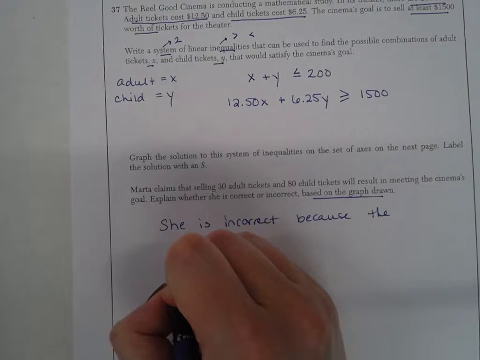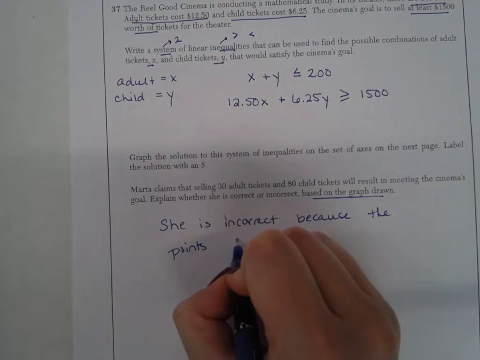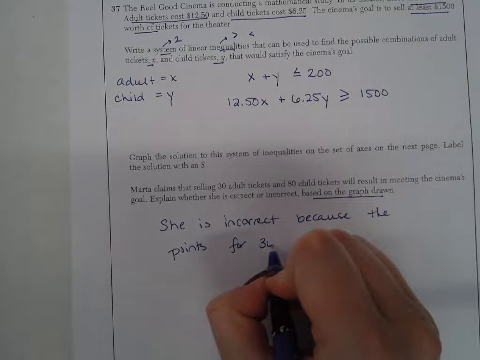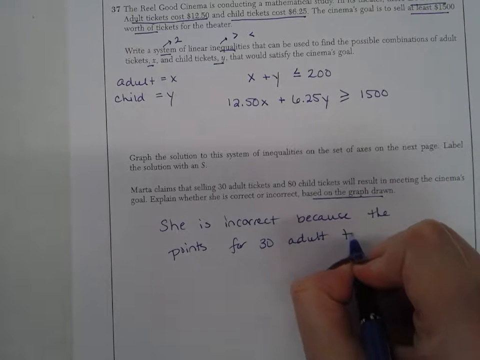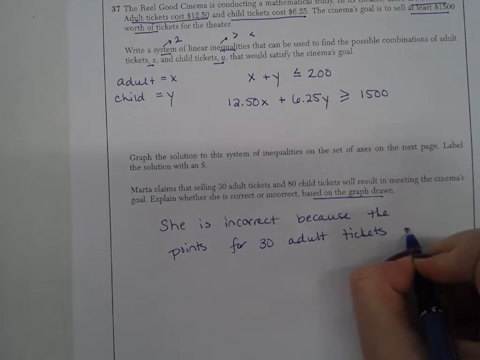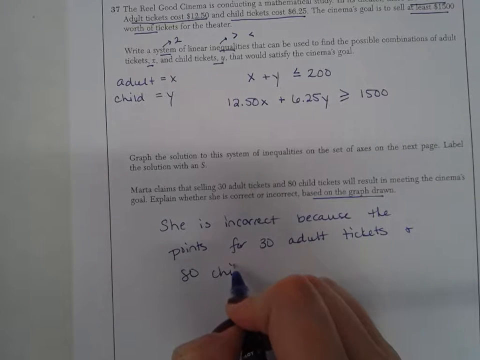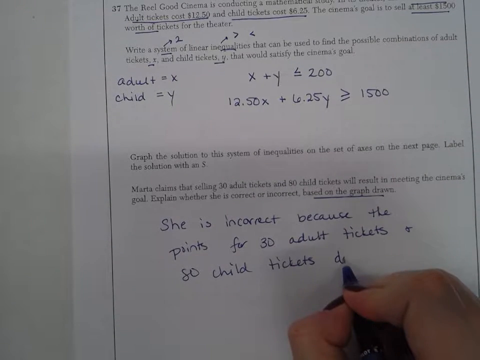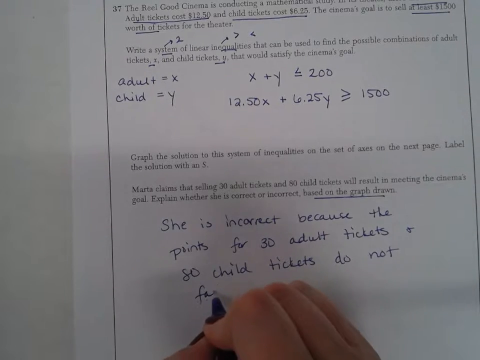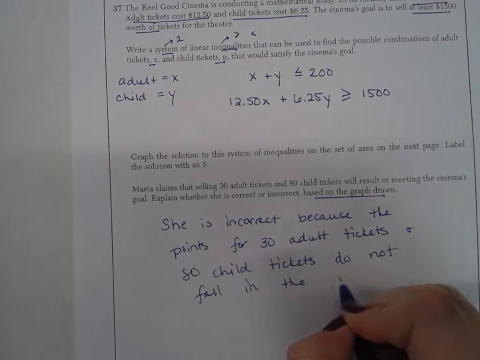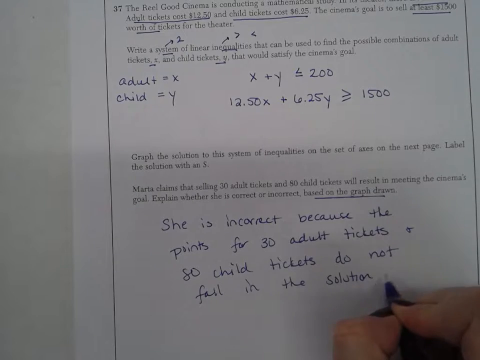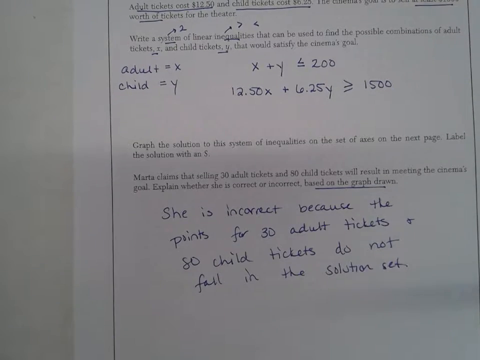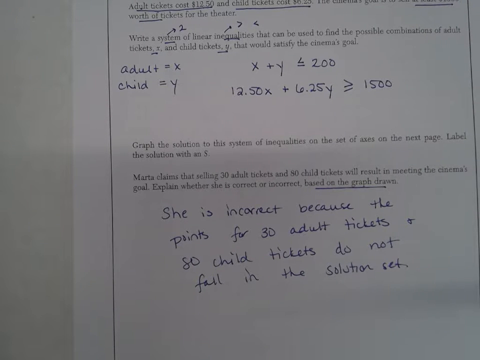The points for 30 adult tickets and 80 child tickets do not fall in the solution set. Something along those lines looks good. Okay, so there's your 6-point question here.